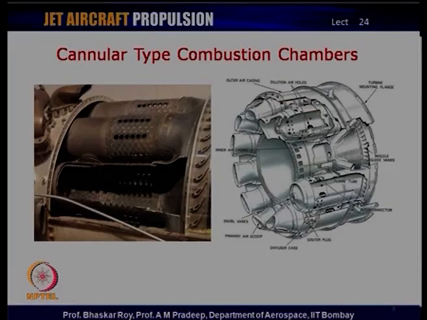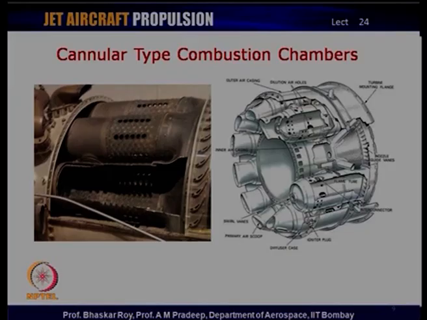Now, this is what is known as a cannular type combustion chamber, in which the flow is essentially again split up in a number of cans, which are inner cans. This is a real picture of a can, but the bypass air, which I mentioned earlier in the can type, is now a common bypass for all the cans.